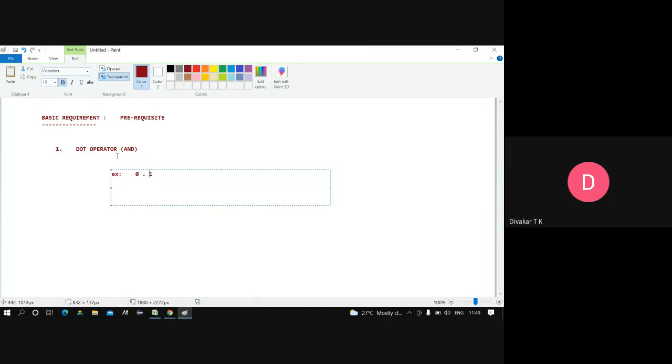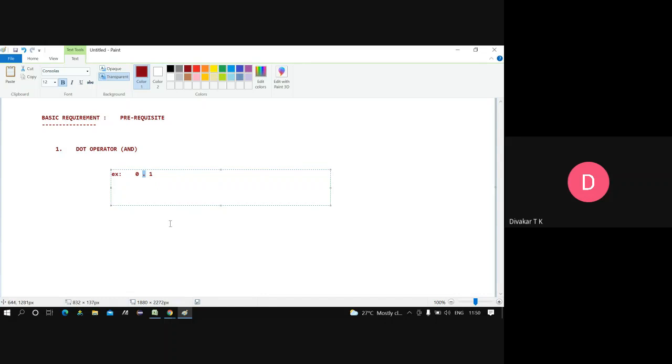The operator we are using is the dot operator, meaning AND. 0 is a symbol, 1 is also a symbol, and the dot is an operator. Understood, guys? Got the clarity? So when we have two symbols and one dot operator, we are doing an AND function.